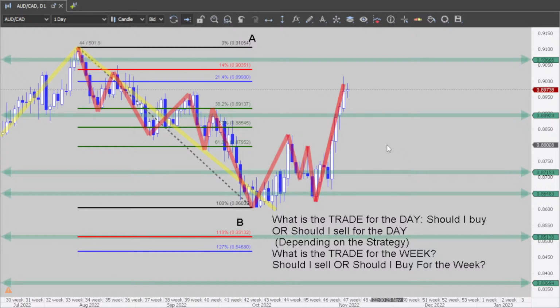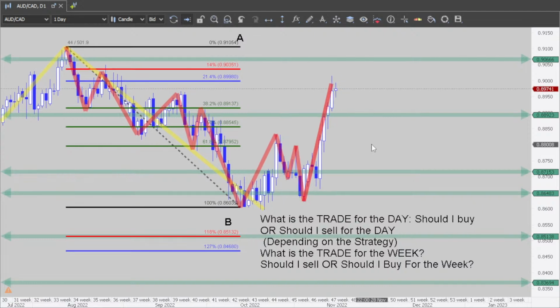Now, Dancy and everybody else, who is stronger, the Fibonacci or the short-term trend? AUD CAD question, who is stronger, the Fibonacci or the short-term trend?